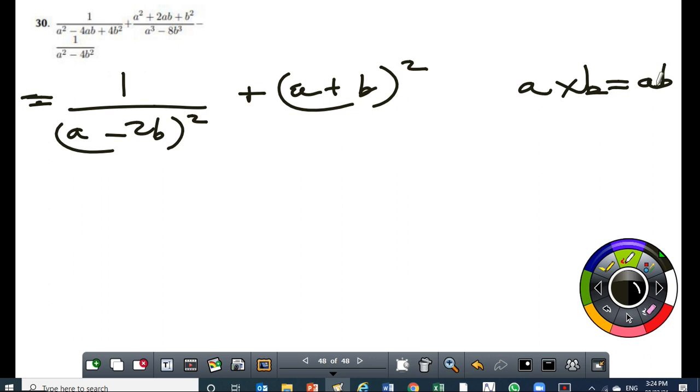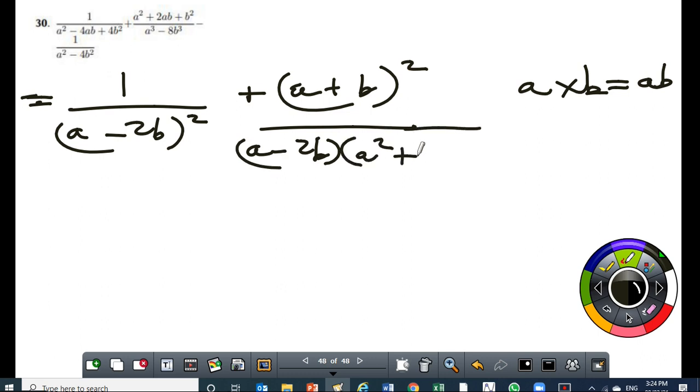So this becomes divided by the denominator. It's a difference of 2 cubes, so it's going to be equal to a minus 2b times a squared plus 2ab plus 4b squared.